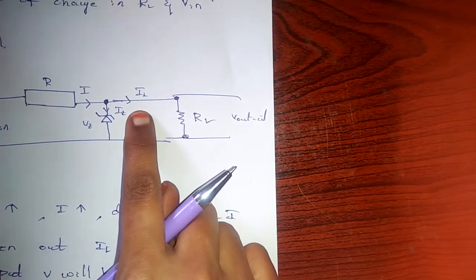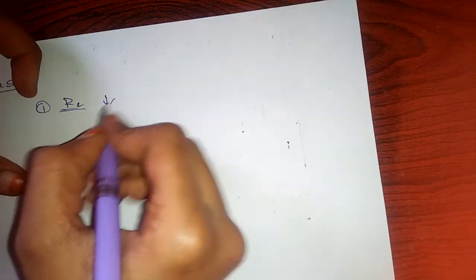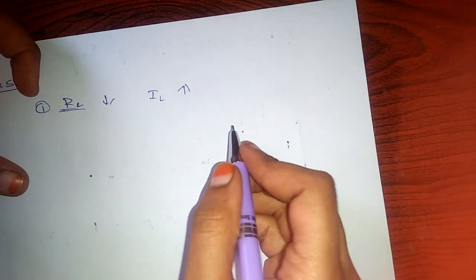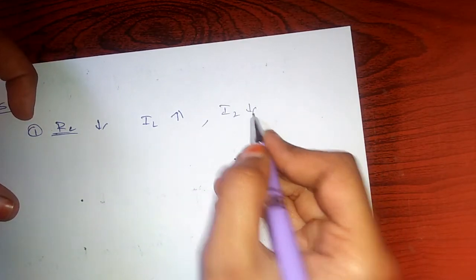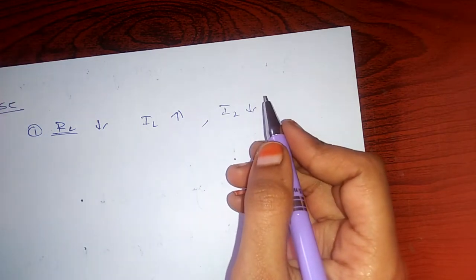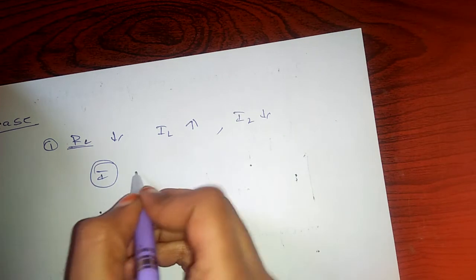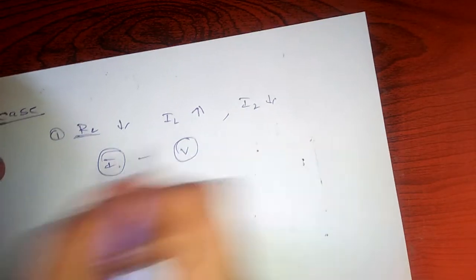If RL is decreased, then IL will increase. Then the Zener diode current IZ decreases by the same amount, keeping I constant, and if I is constant, then the output will be constant.